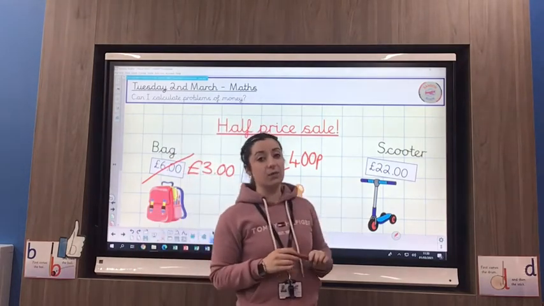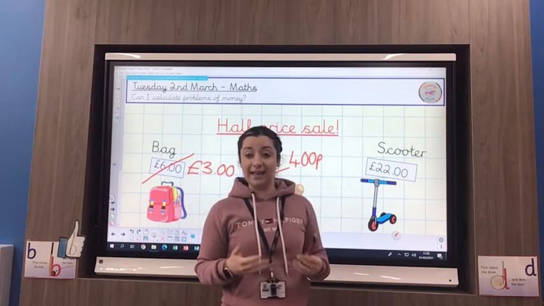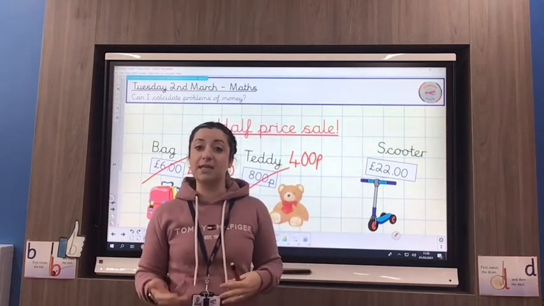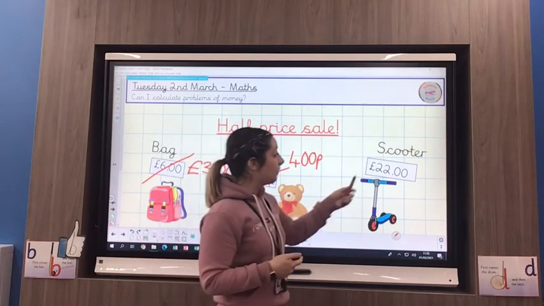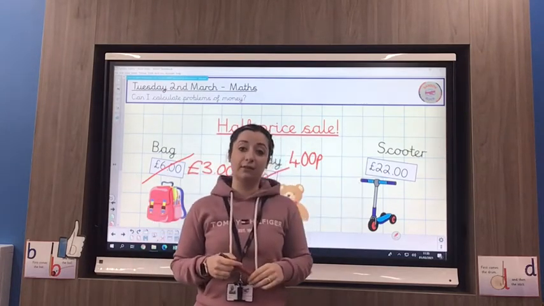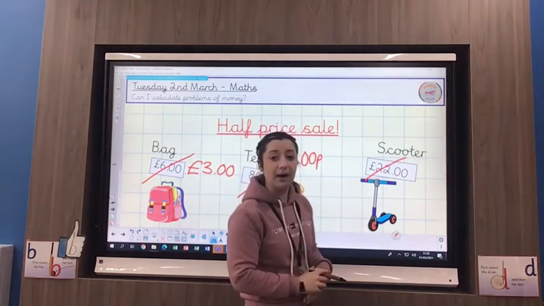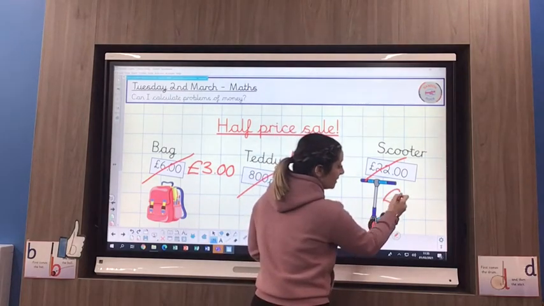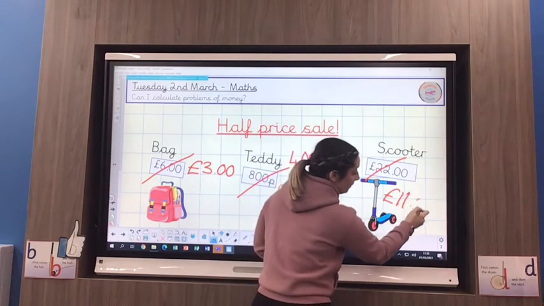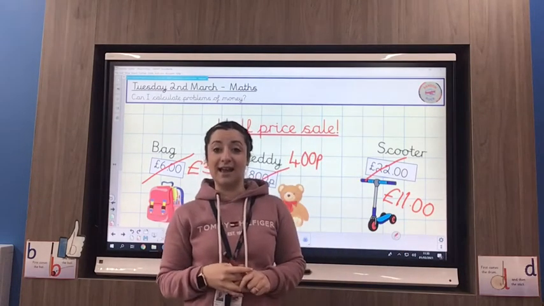So half of 22 would be 11. So we have in our 11 times table, 1 times 11 is 11, 2 times 11 is 22. So half of 22 is going to be 11. That means that my scooter at half price is no longer going to be £22. How much is it going to be? It's going to be £11. And well done if you got that at home.